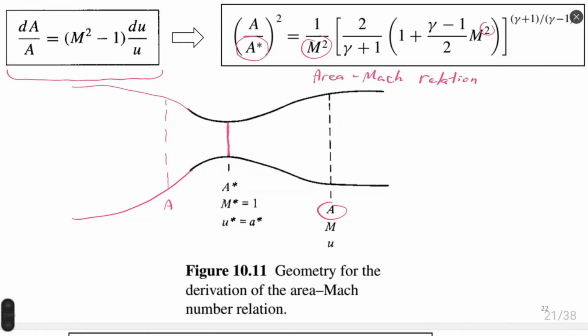So this area is the same as on the supersonic part, absolutely the same area. So we have Mach smaller than 1 in this cross section, and in the other cross section we have, for example, Mach bigger than 1. They both correspond to the same area, and these are two solutions of the area Mach number relation. Two solutions.